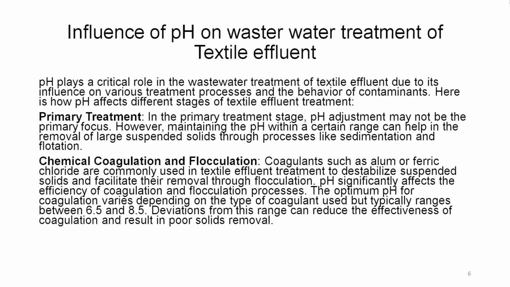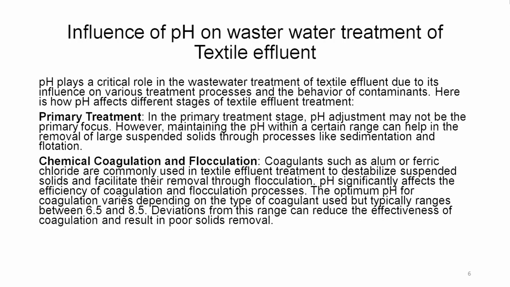Chemical coagulation and flocculation. Coagulants such as alum or ferric chloride are commonly used in textile effluent treatment to destabilize suspended solids and facilitate their removal through flocculation. pH significantly affects the efficiency of coagulation and flocculation processes. The pH optimum for coagulation varies depending on the type of coagulant used, but typically ranges between 6.5 to 8.5.